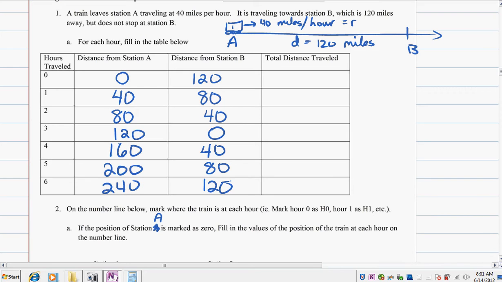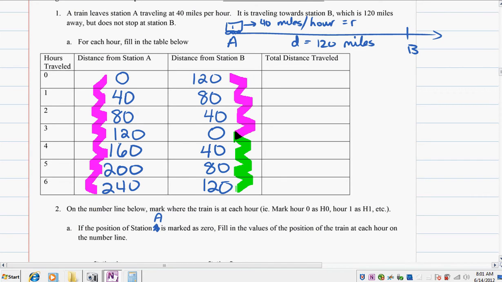And you'll notice that A is a straightforward pattern. I'm adding 40 each time I go up. B, however, seems like I'm subtracting 40 up to here, but then I add 40 going back up.